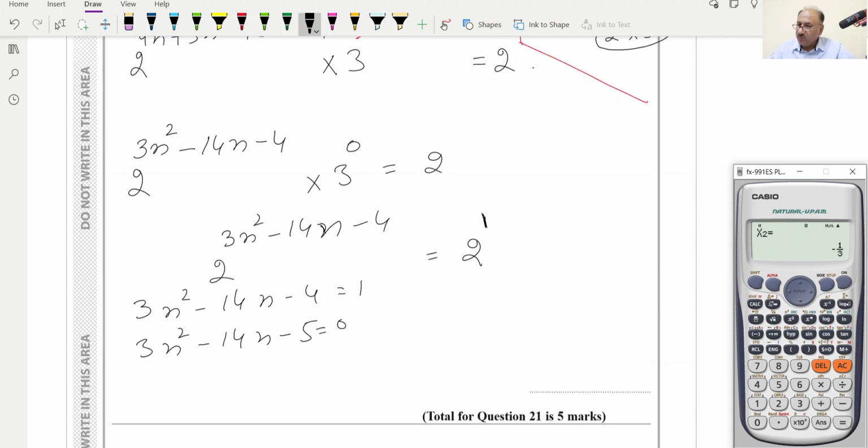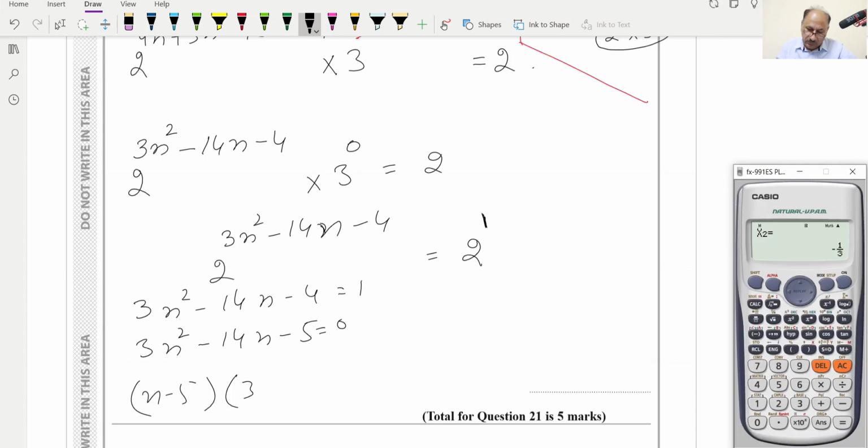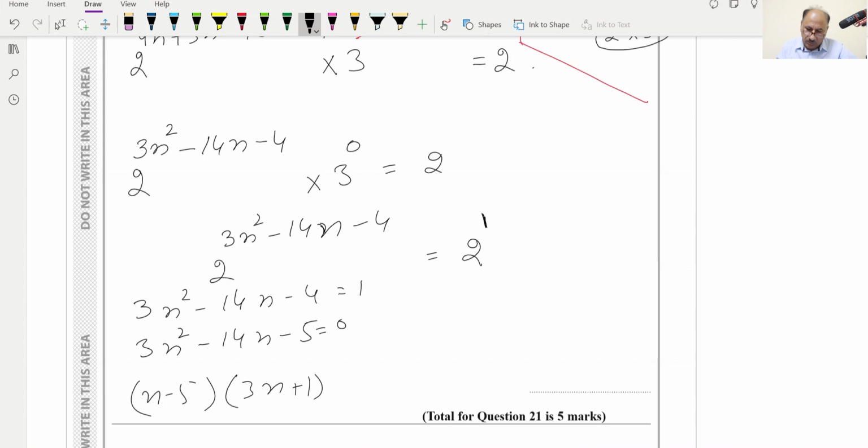It is giving us 5 and minus 1 by 3. So we can write as n minus 5 and 3n plus 1, so equal to 0. So this implies n is equal to 5 and n is equal to minus 1 by 3.